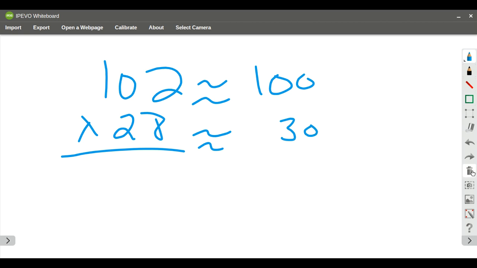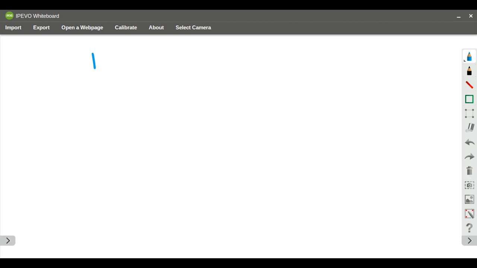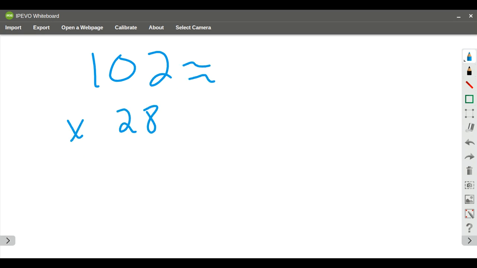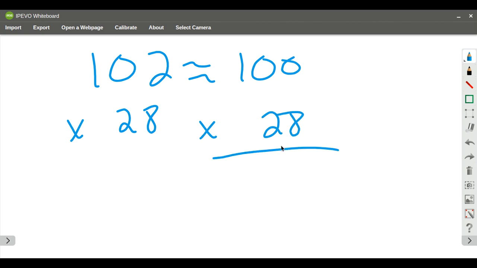Or what I like better is this: the minute that I turn 102 into 100, I'm now multiplying by a place value. And because I'm multiplying by a place value, I'm going to keep 28 by itself. Now I'm multiplying 28 times 100, which would be 2,800 passengers. That's a reasonable estimate. So my equation would be 100 times 28 to get 2,800.